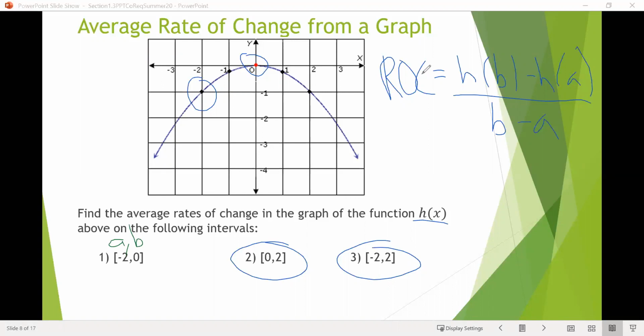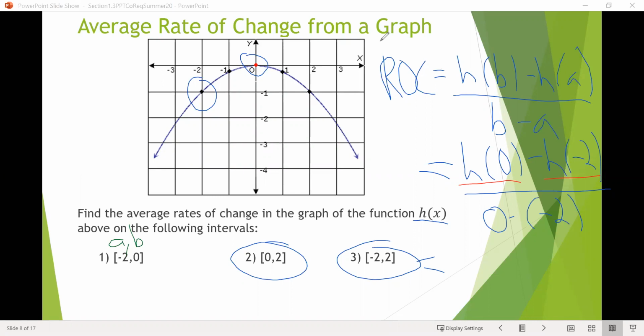So our rate of change calculation is going to have h of the value for b, which is 0, minus h of the value for a, which is -2, divided by the value for b, which is 0, minus the value for a, which is -2. And then recall again, h of 0 minus h of -2 does not mean do 0 minus -2.